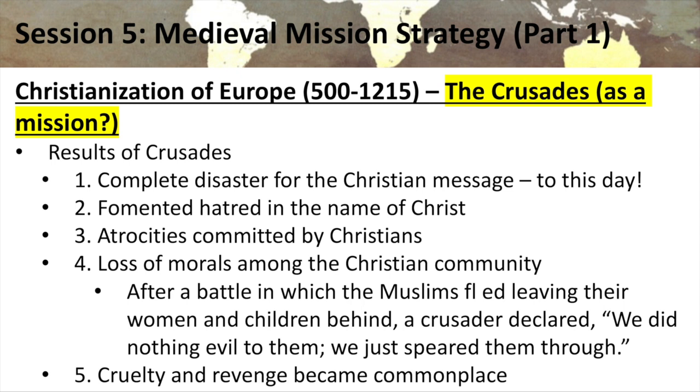People would kill with the tip of the sword and fight one another over land disputes, over all kinds of things. We start seeing executions being very graphic, where they start bringing in different devices to kill people. It's just cruelty and revenge became commonplace. And this is the result of a religious movement to take the message of Christ to the Holy Land with the tip of the sword.